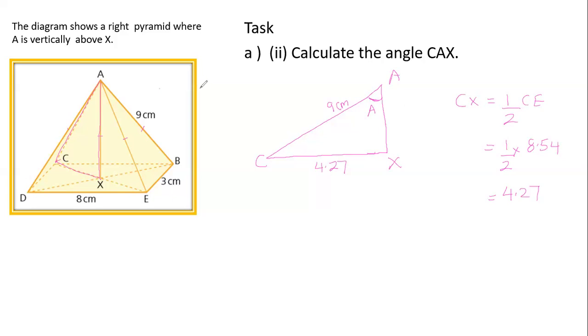Now, in my case, I will know that this side is my opposite, where the angle faces. This longest side is my hypotenuse. So I go back to my SOHCAHTOA. I ask myself, what is relating hypotenuse and opposite?